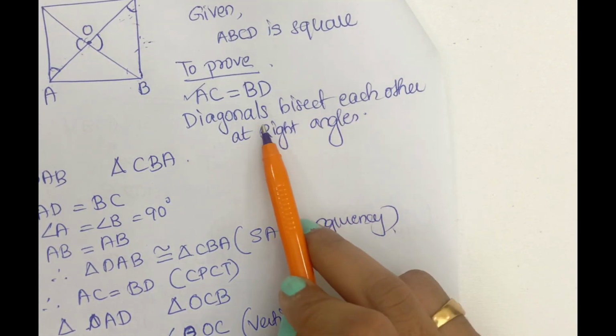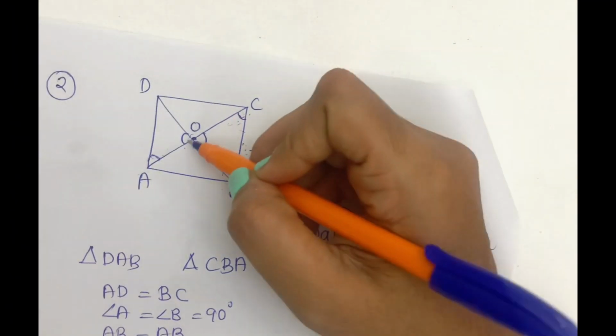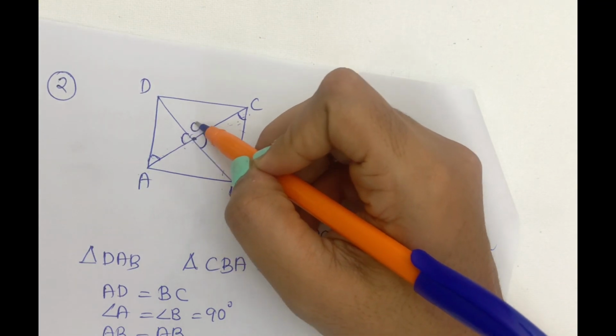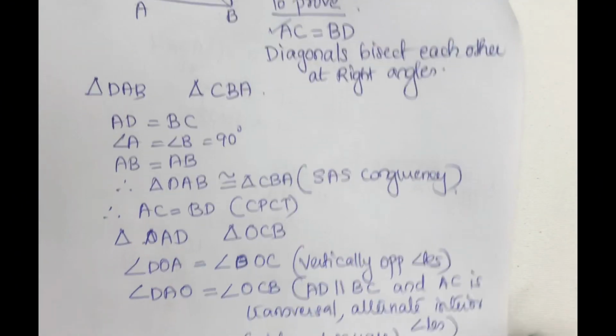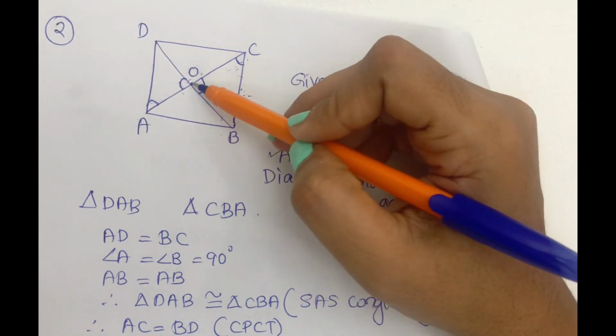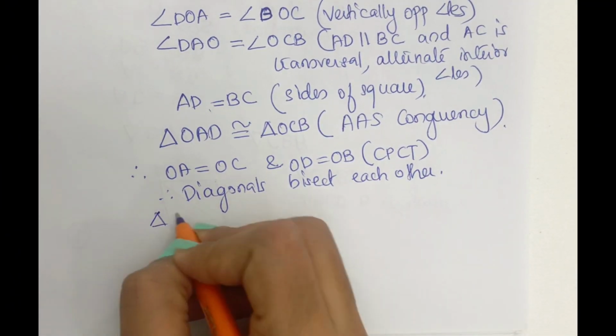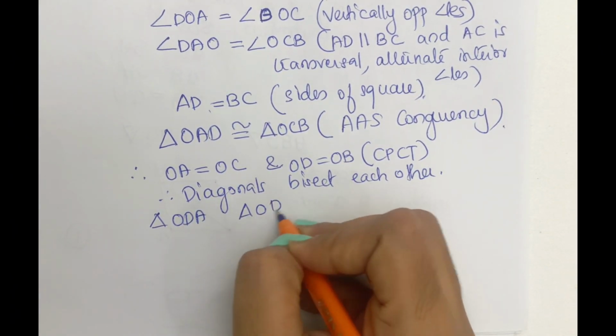Now we have to prove whether they are bisecting at right angles, that is, this angle should be a right angle. For that we'll take these two triangles, triangle ODA and triangle ODC.